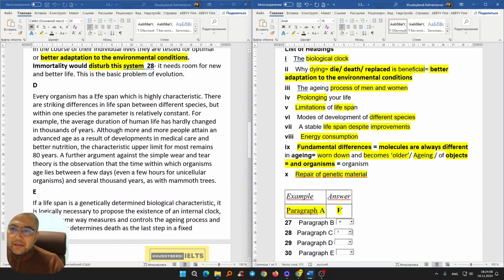Every organism has a lifespan, which is highly characteristic. Every organism has a lifespan, right? And there are striking differences in lifespan between different species, but within one species the parameter is relatively constant. For example, the average duration of human life has hardly changed in thousands of years.